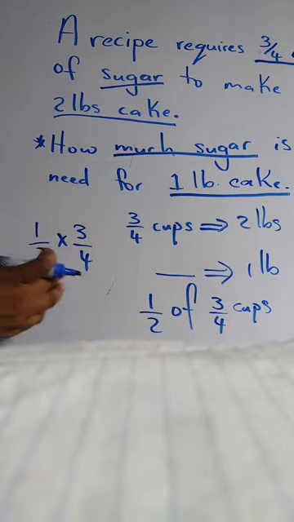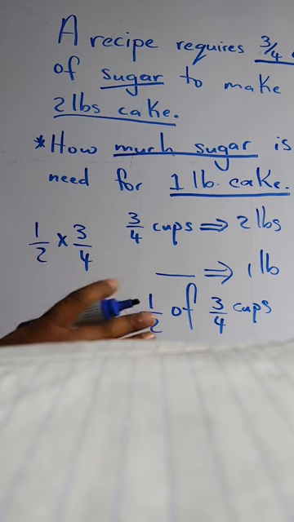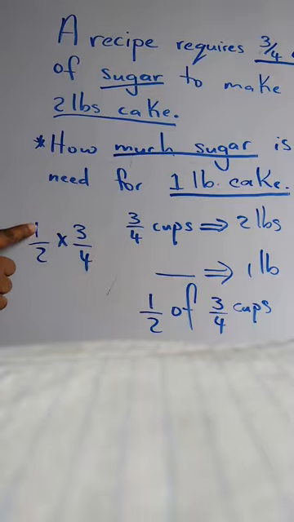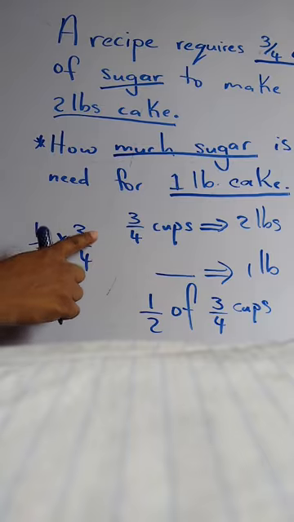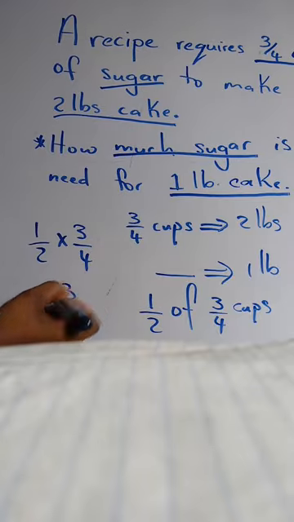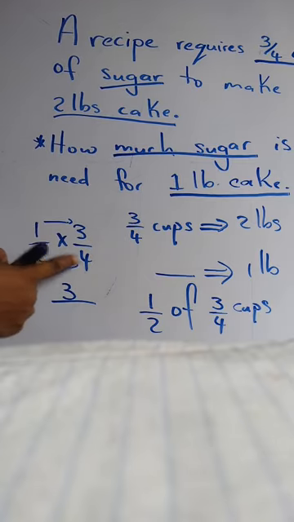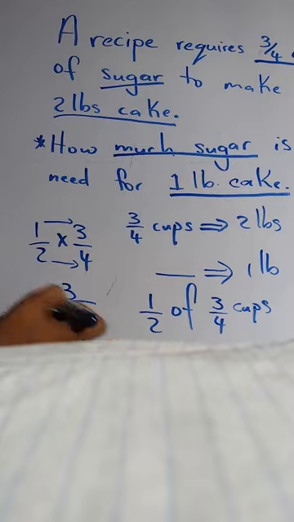Now, when multiplying 2 fractions, different from addition and subtraction, it means that the numerator multiplies the numerator. Now I have 3 being represented as my numerator. Top times top, bottom times bottom. 2 times 4 will give me 8.